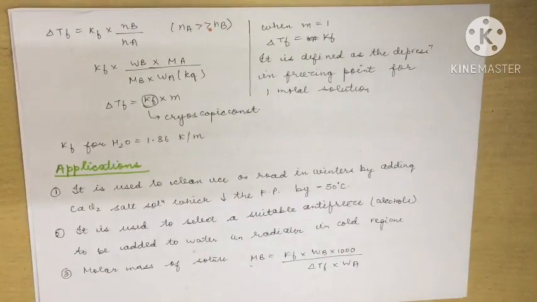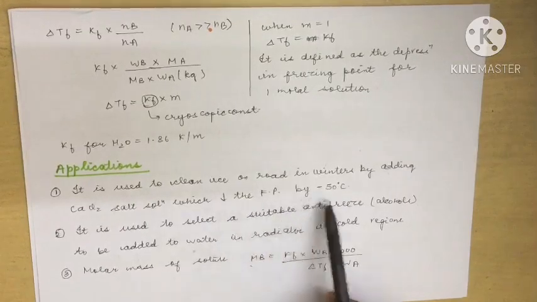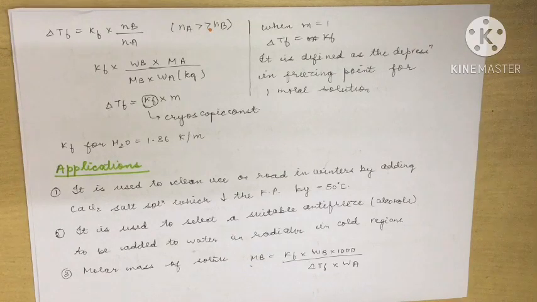Now there are some of the applications for this depression in freezing point, that how is this colligative property useful. Now students, first of all application is that it is used to clean the ice on the road in winters by adding CaCl2 to water, which decreases the freezing point to minus 50 degrees Celsius. Now you know the freezing point of water is 0 degrees Celsius.